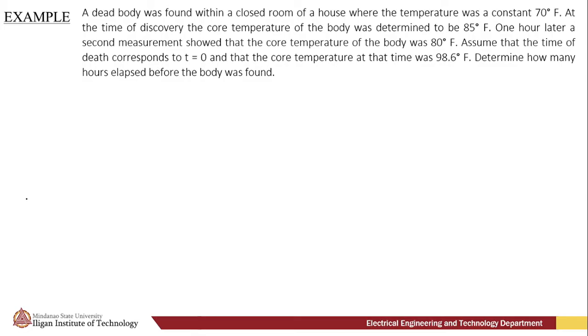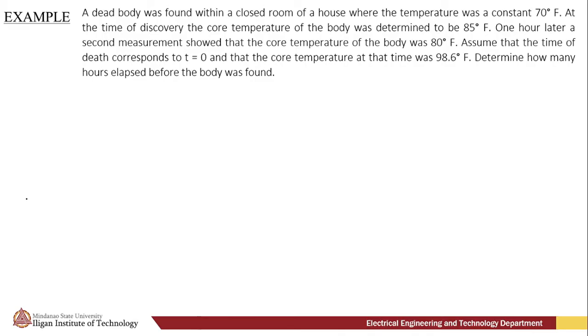Assume that the time of death corresponds to t equals 0, and that the core temperature at that time was 98.6 degrees Fahrenheit. We have to determine how many hours elapsed before the body was found. So we are going to act as a detective.